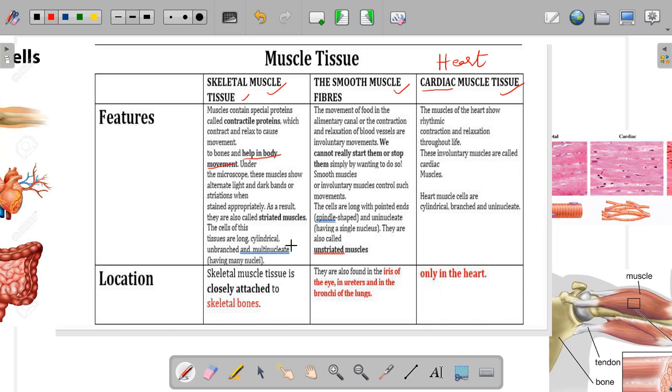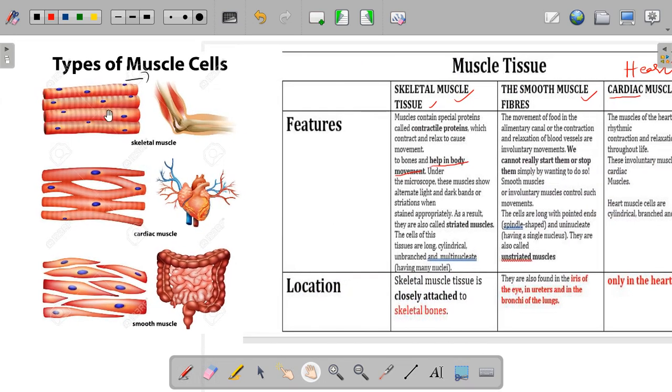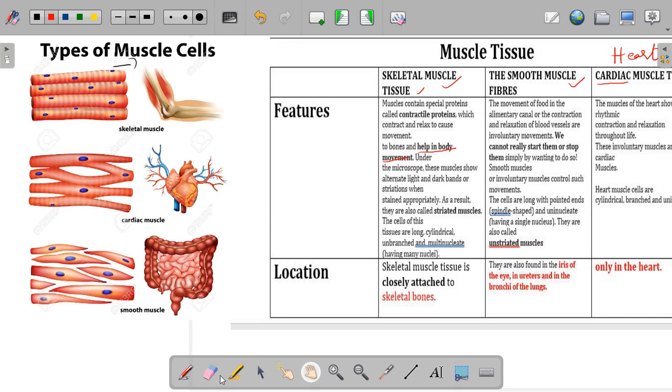You can see right over here, skeletal muscles, cardiac and smooth muscles, especially they are present in the digestive system. Now skeletal muscles are also called as voluntary muscles.